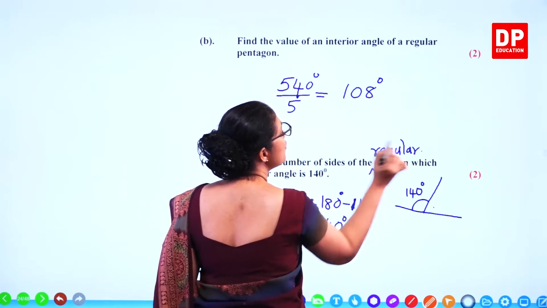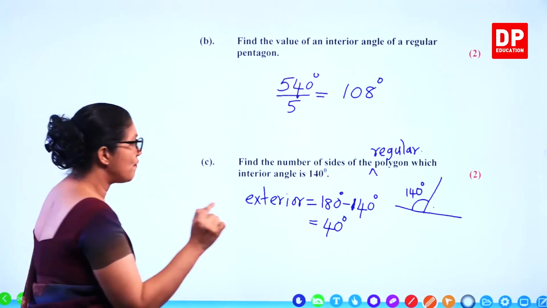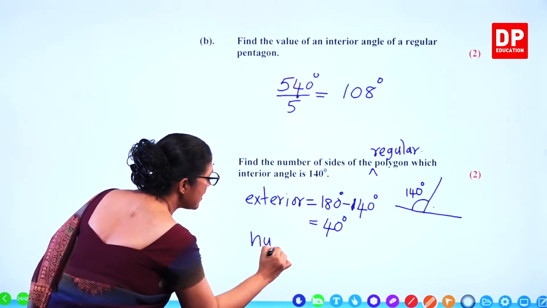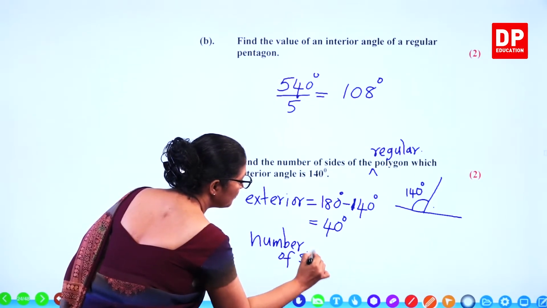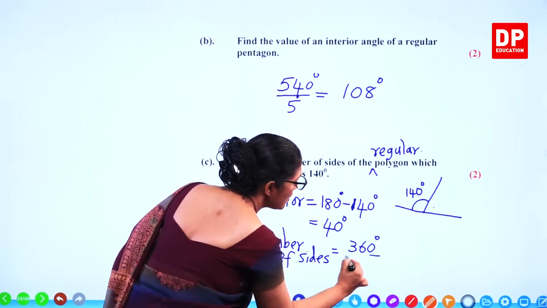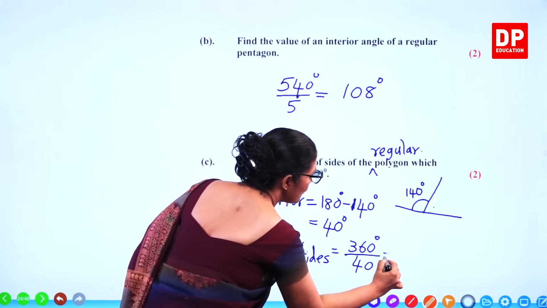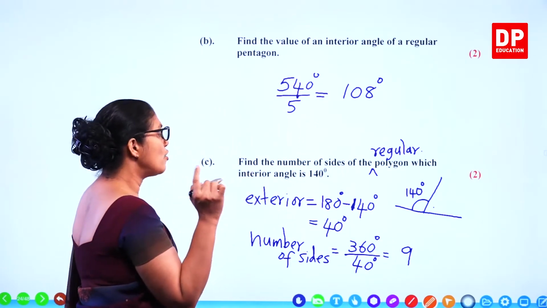Then only you can use the formula. If all angles are equal, you can find the number of sides is equal to 360 divided by 40. So you get a 9-sided polygon. So that's a nonagon.